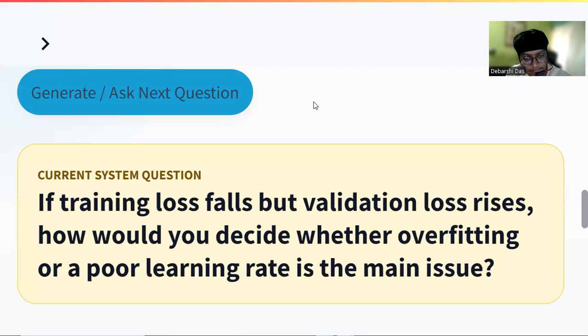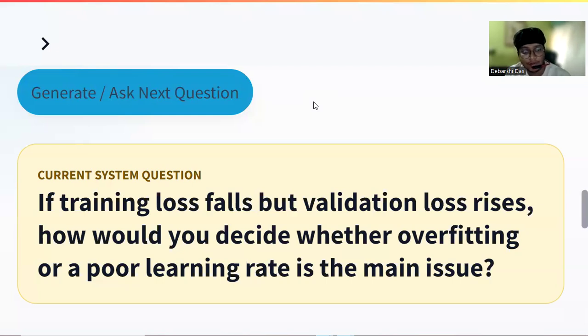So, I would give the model some unseen data and look at the performance, whether it's able to give the accurate answer or not.